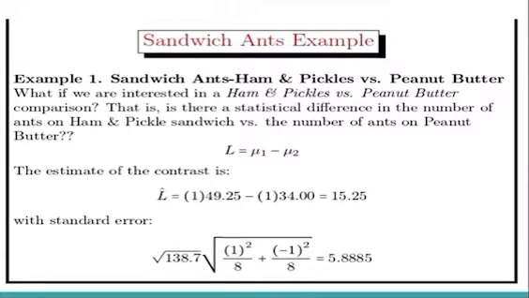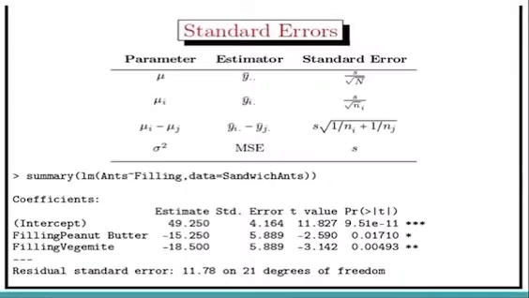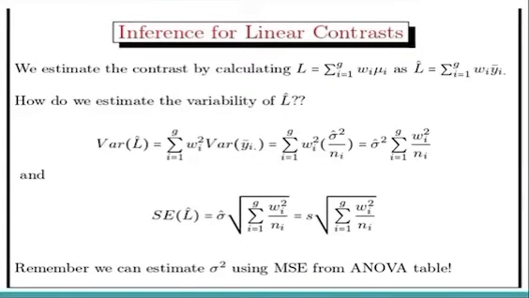Then you're going to proceed to find the standard error associated with the contrast. Now, what formula am I using? This is the formula. Take a look at that. Sigma cap times the square root of the summation of W_i squared divided by n_i, which means I'm going to have the square of the weight of the first group divided by the number of samples in that group, plus I'm going to go that way.